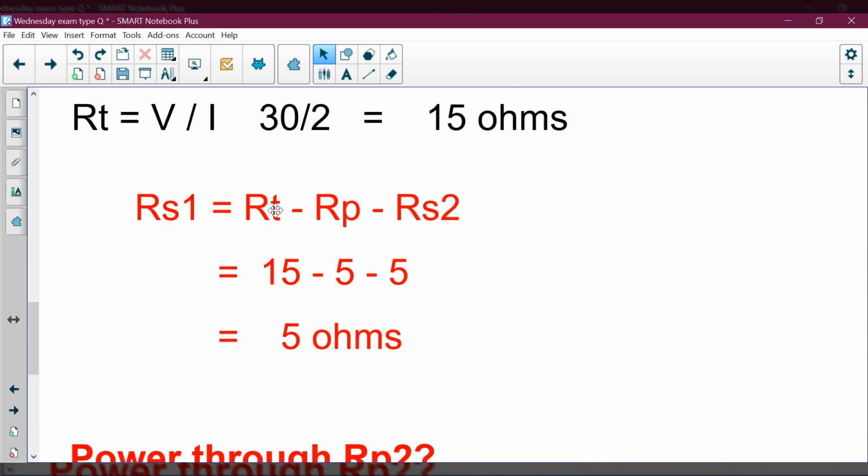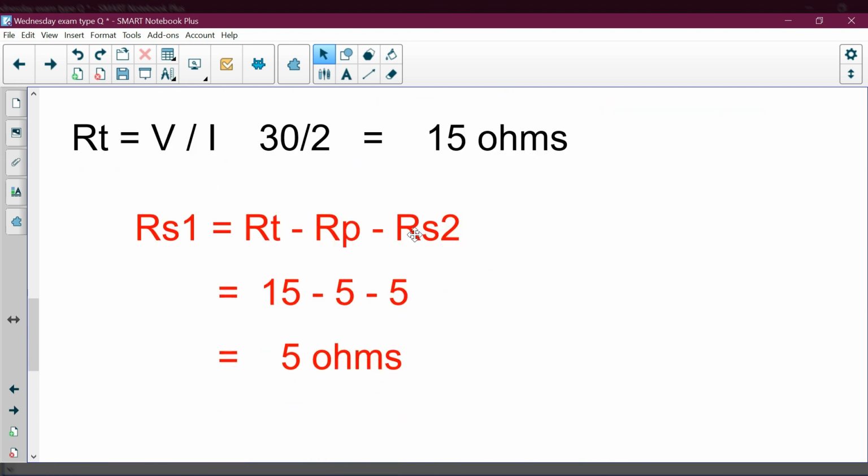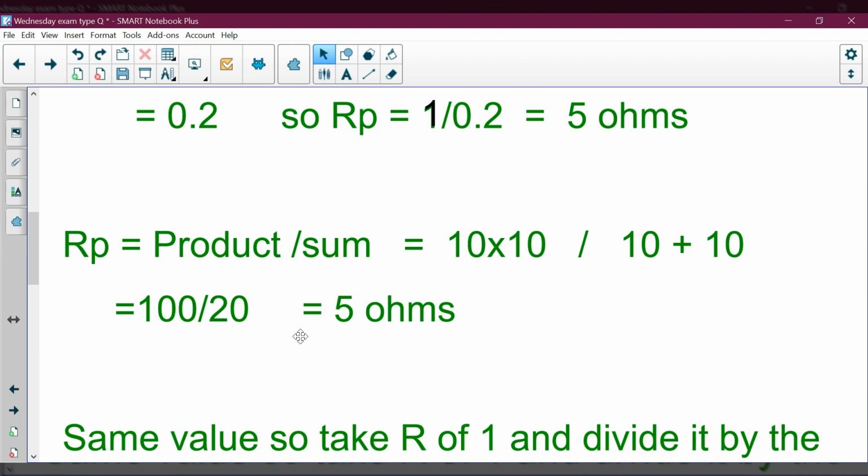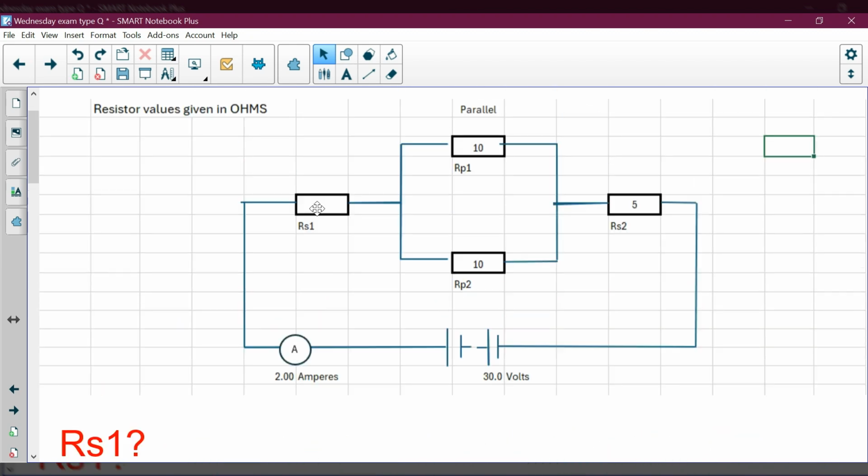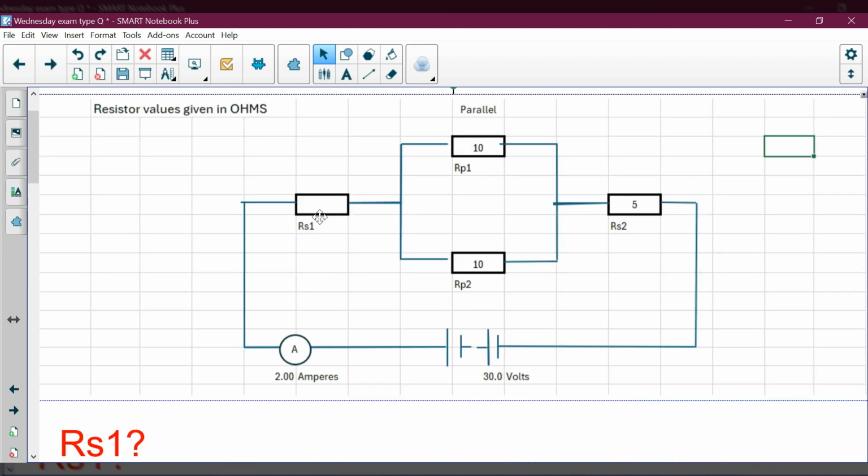So I take that total resistance of 15 ohms and I subtract the 5 ohms for RP that we just calculated, and I subtract the 5 ohms for RS2 that's in the diagram. So that leaves us with RS1 giving us a value of 5 ohms. Okay, so we've got a 5 ohm resistor here in RS1 as well.